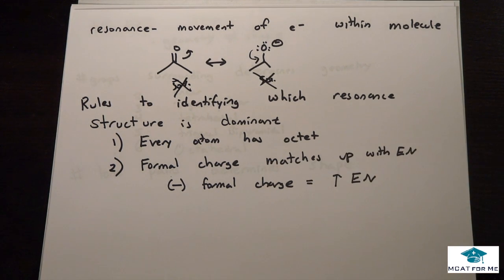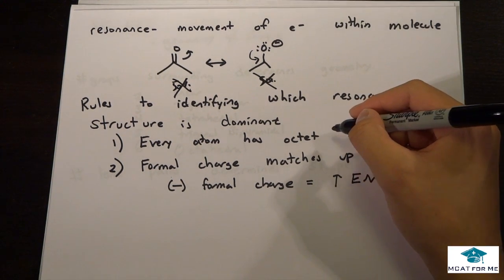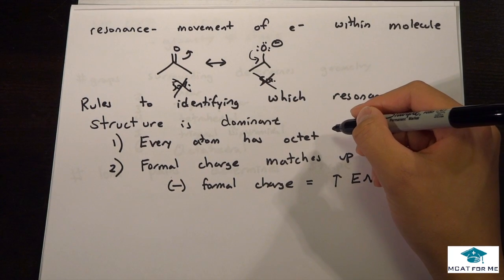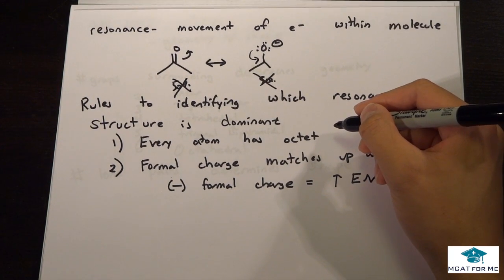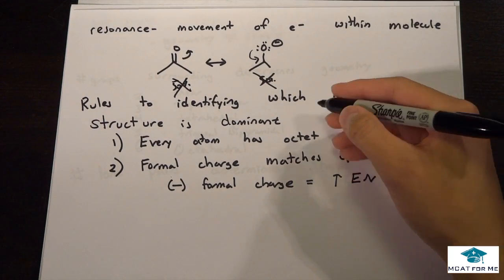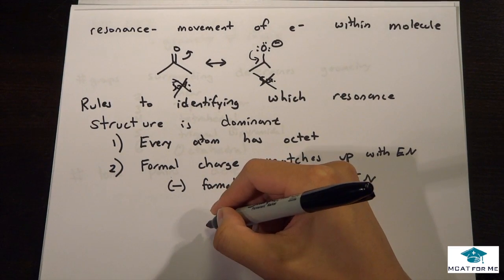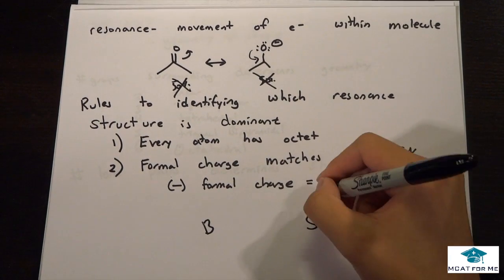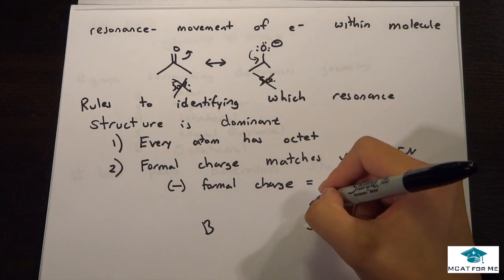So the rules for identifying which resonance structure is dominant, the first one, and very, very important, is every atom has to have an octet. And I would say that that's very true for almost every molecule. The ones we have to look out for that they do like to test are boron and sulfur. So sulfur, if we look, has a group number of 6.